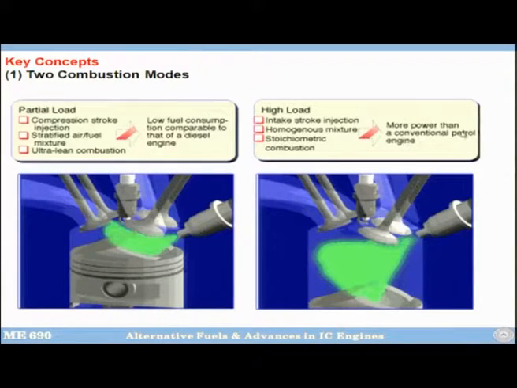And I told you that you can get high power, which can even be more than a conventional MPFI engine, because of the cooling effect that the intake stroke injection generates. Make sense? Clear? So two combustion modes, stratified mode and homogeneous combustion mode.